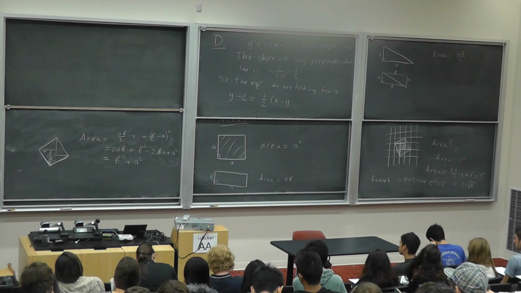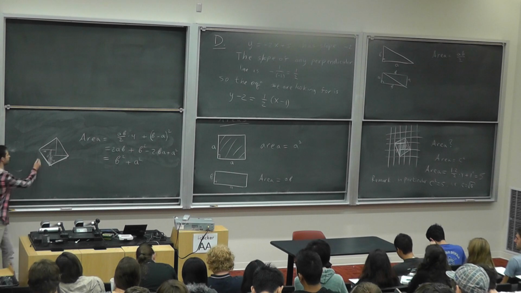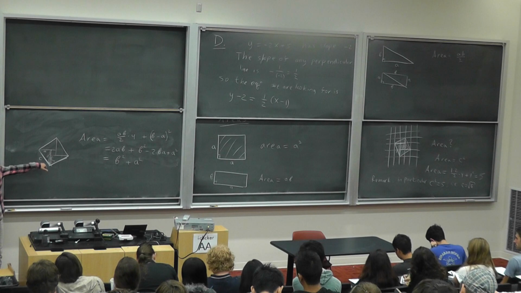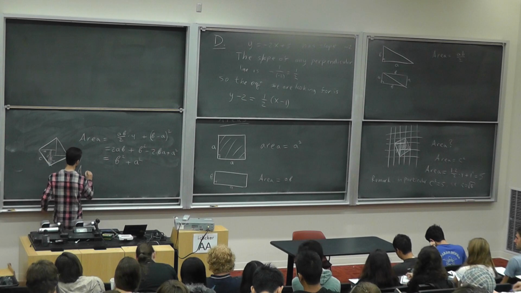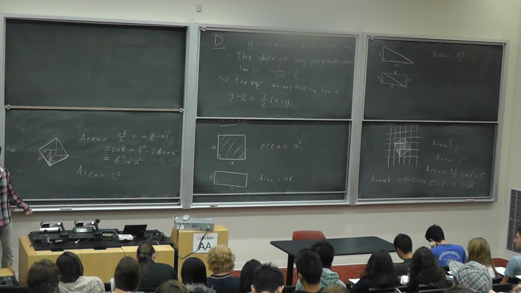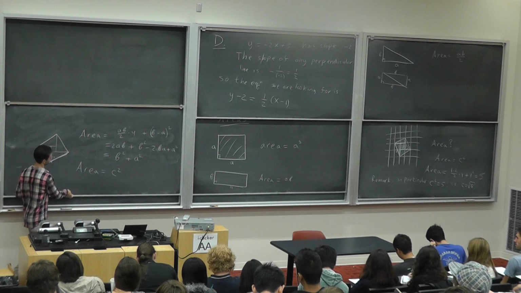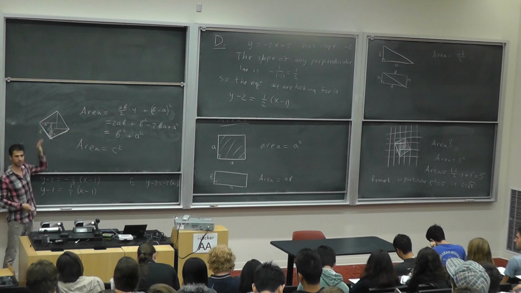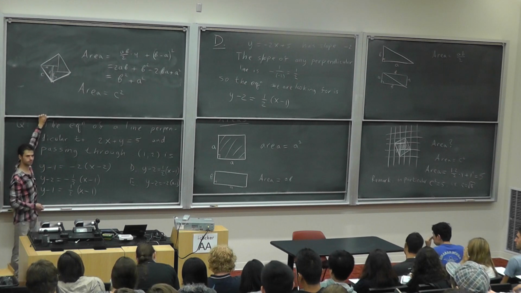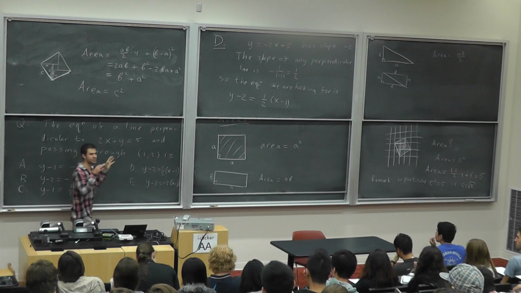And also, of course, we have a different way to find out this area. If we do know what the side is, if it is C, then the area is C squared. Just because it is a square. But now we computed the same area.